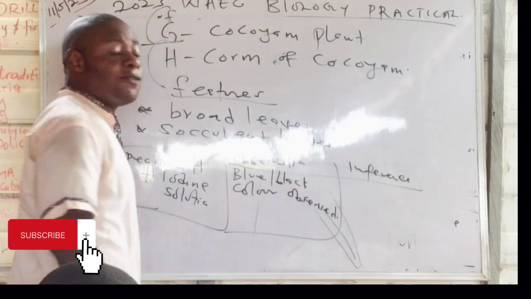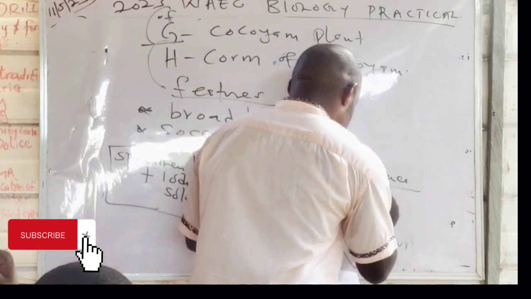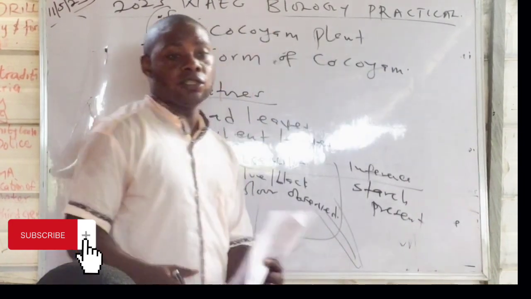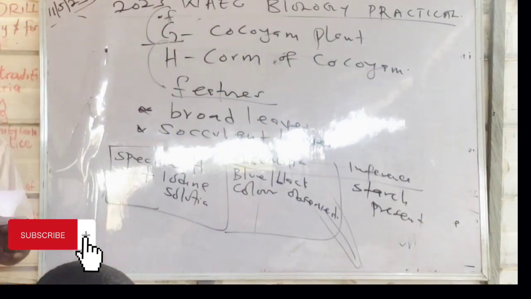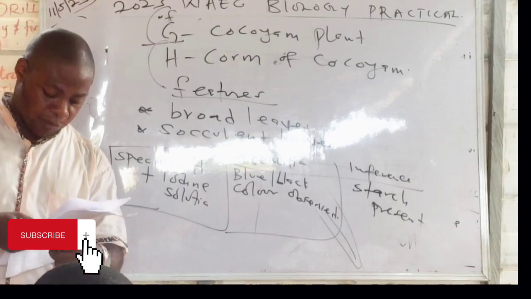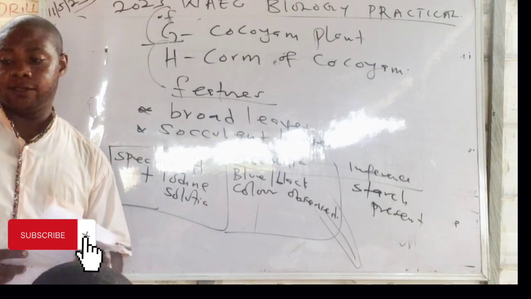The inference will be what? Starch is present. Yes, you can still ask that. So whenever you see a comb like that, you know starch is going to be present. Are you there with me?